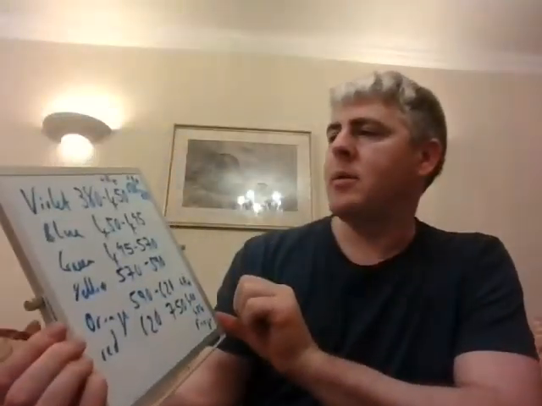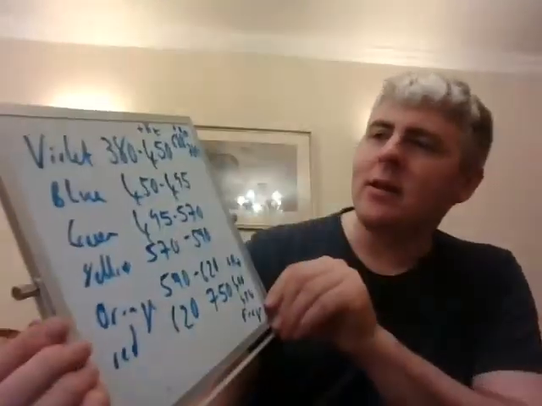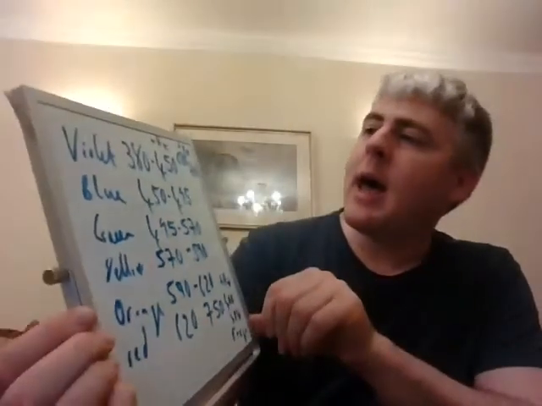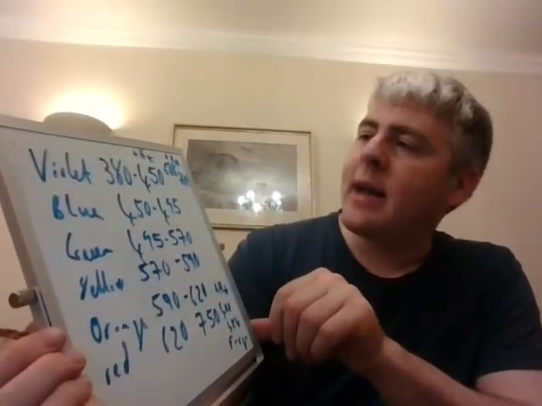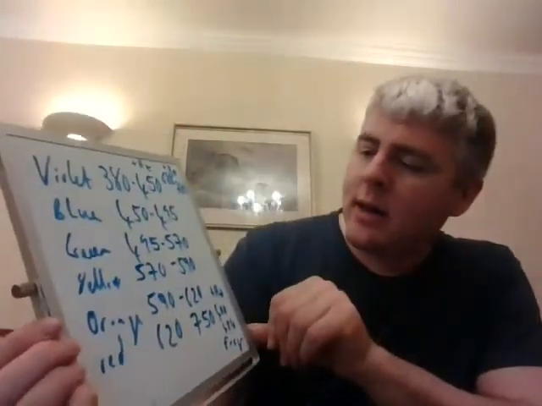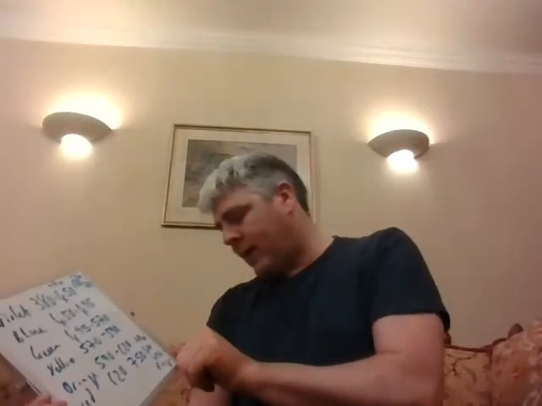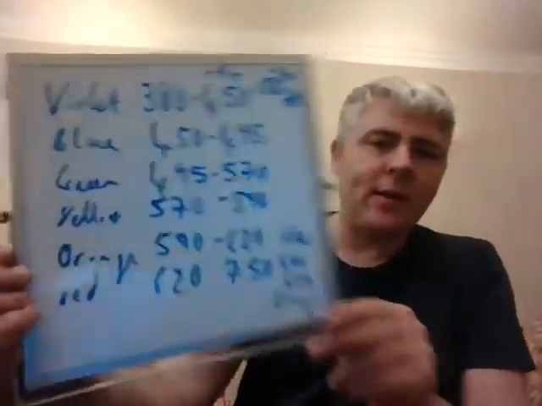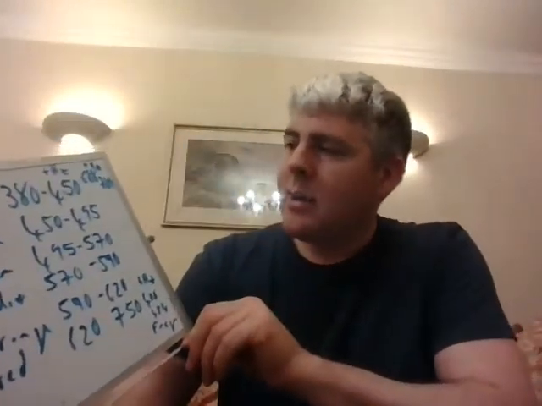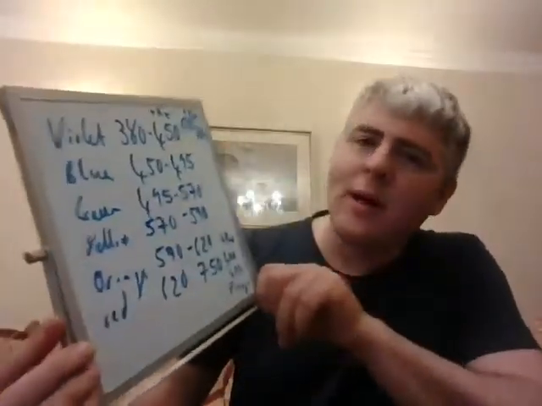I've written something down, as you can see. It's in nanometers. I haven't written the units down, but they are nanometers. I've got THz 688 to 789 for violet, and I've also got THz 400 to 484, and that's the frequency. The THz, I think, is the frequency, and I think the other one is the wavelength, actually.